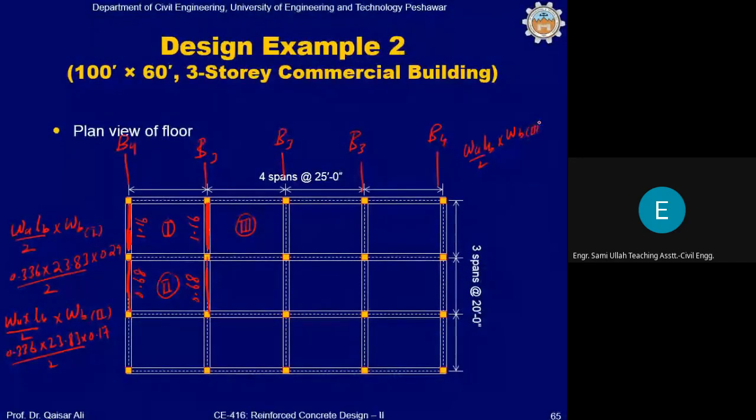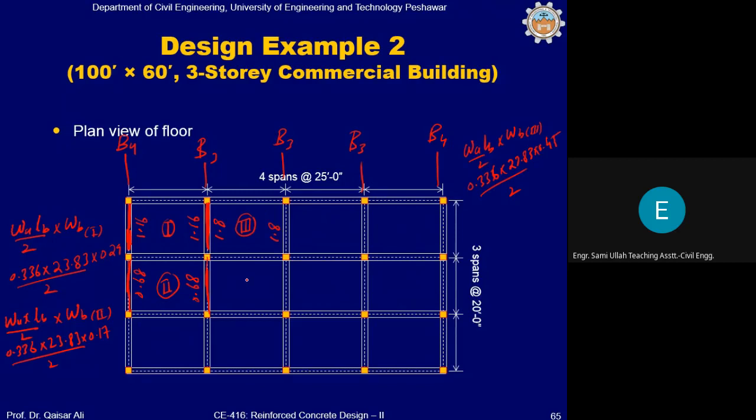Calculate this. 0.336 multiplied by 23.83 multiplied by what is WB for panel 3? What was the value? 0.45 I think. Divided by 2. You calculate. 1.80. 1.80 will come here and 1.80 will come here.